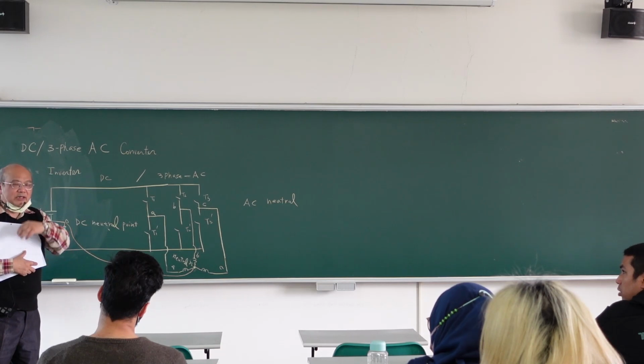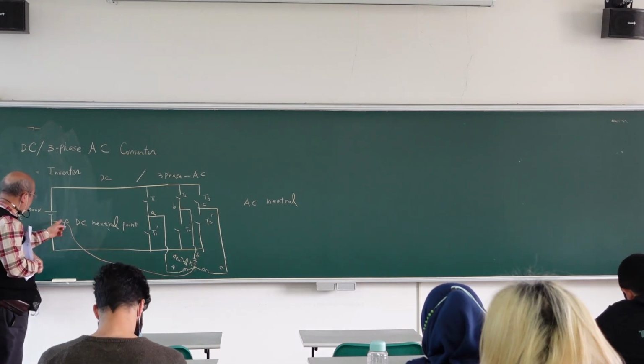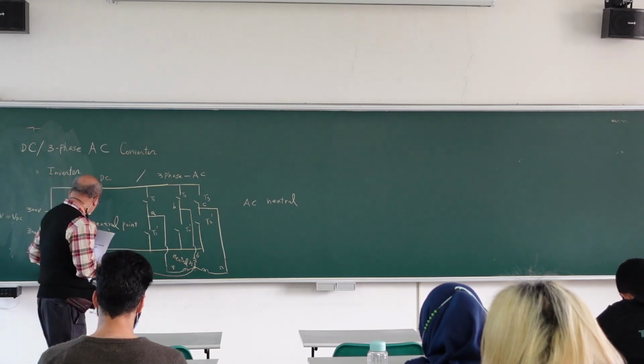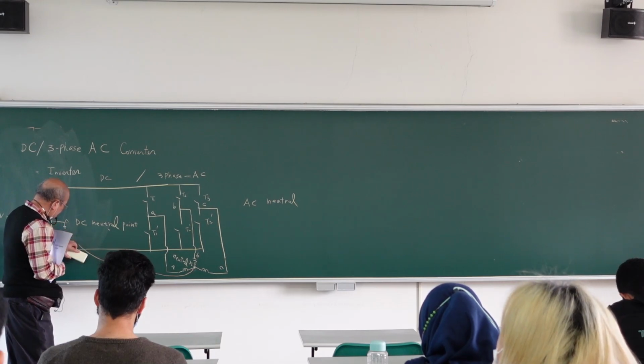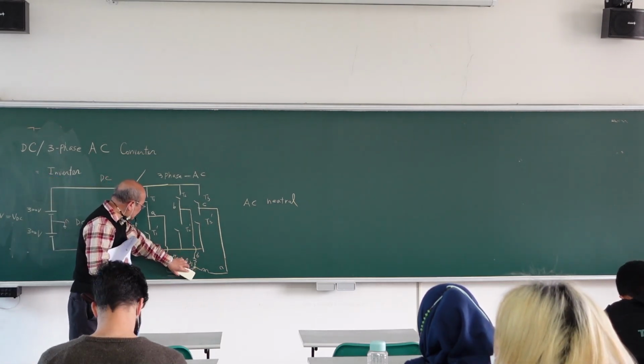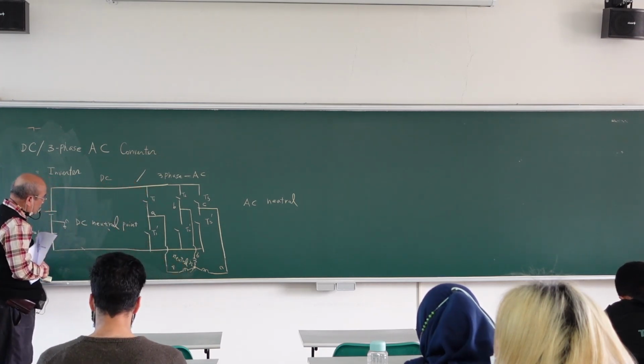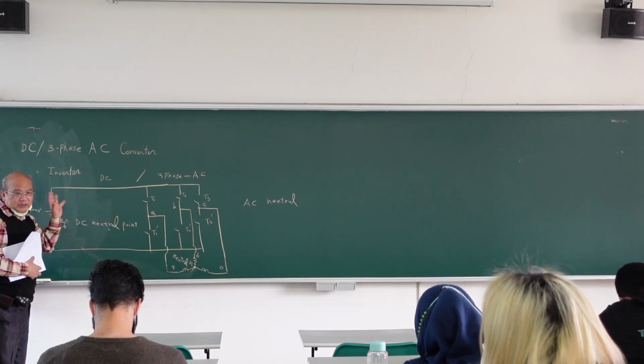Because one is DC, one is AC. They are different. So you cannot say this point is equal to this point, because in fact they are isolated. They are not tied together. So they don't have the same voltage. One is AC, one is DC.